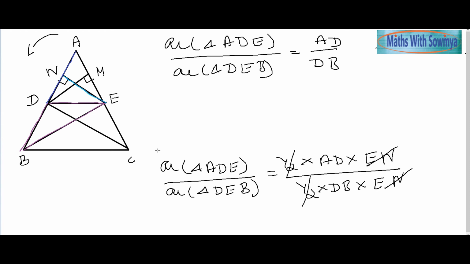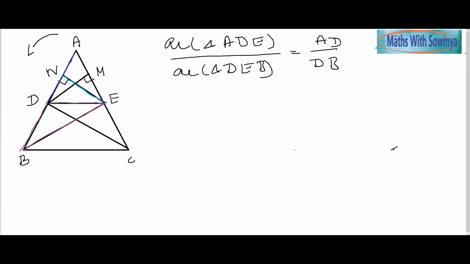Similarly, on the right hand side, on AC also, if I do the same thing. For the triangle ADE, if I take AE as the base, then obviously this DM will be the height for me. So once again, area of triangle ADE will be half into AE as the base and DM as the height.